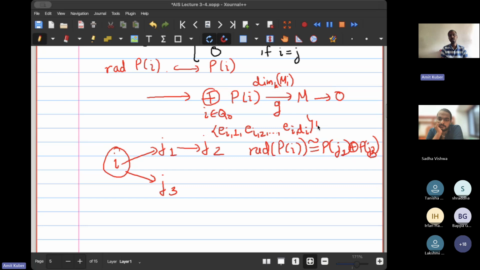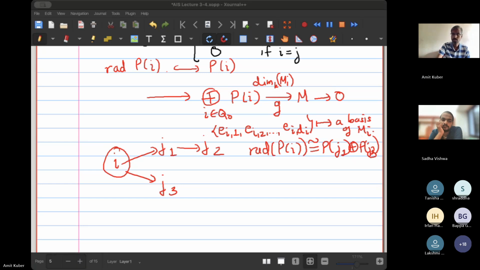We will map it to a basis of mi. We have chosen dimension mi many copies of Pi, so we'll map this to a basis of mi, and that will extend to a morphism. That's not hard to see. And we are doing it for every vertex I. That's how we obtain this projective cover. And now we are trying to find its kernel.